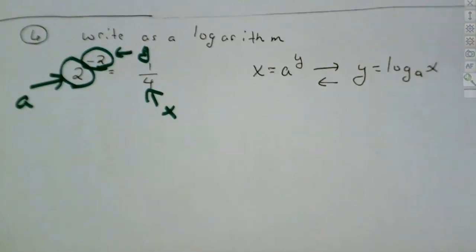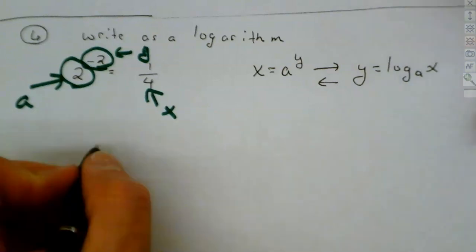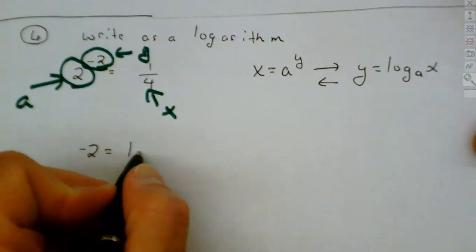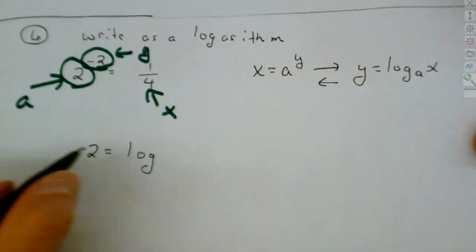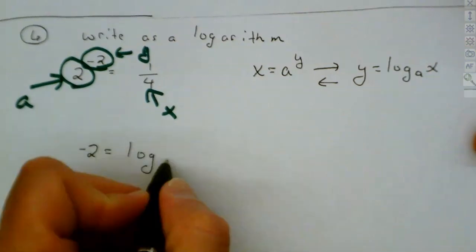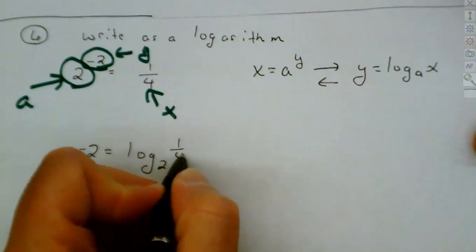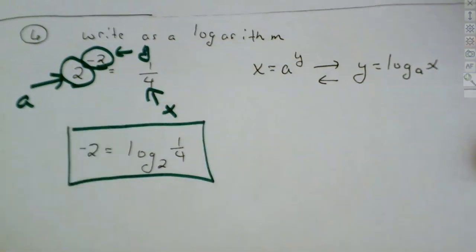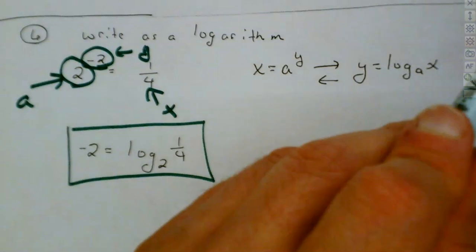We now have negative 2 equals log base a, which in this case a is 2, of 1/4. And that's all you need to do. Just rewrite it simply as a logarithm.